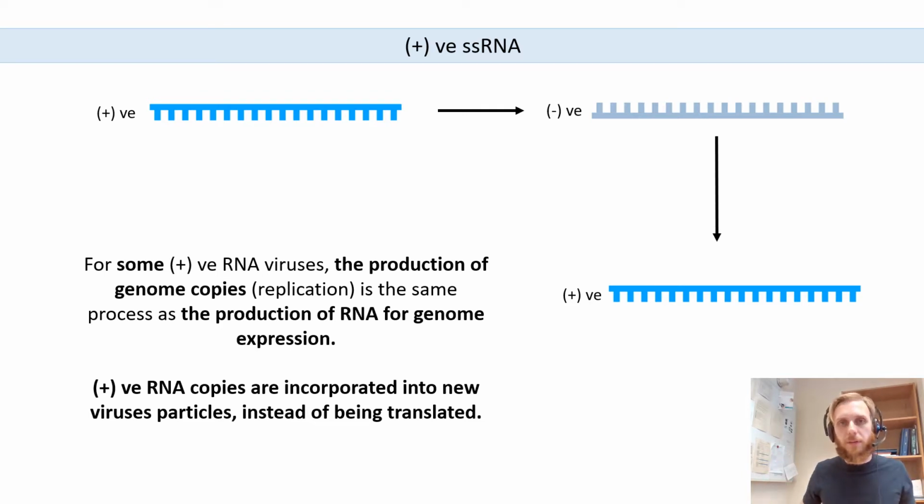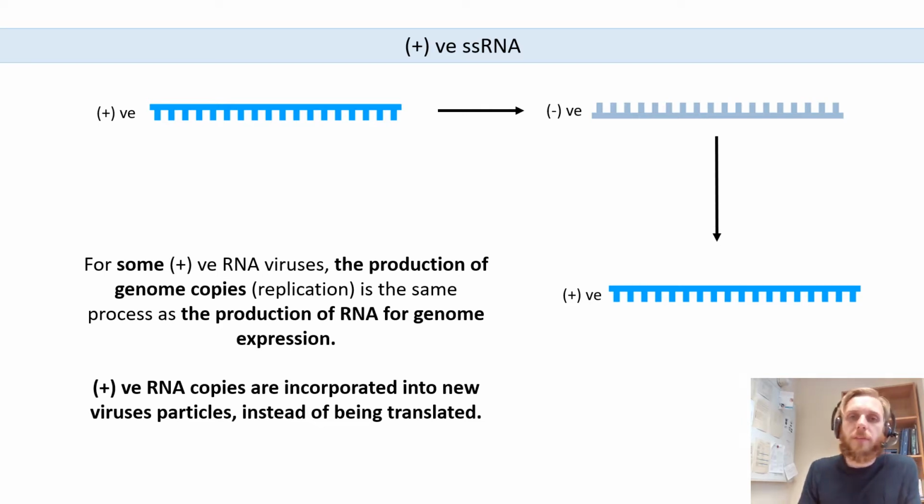Remember, the key principle of genome replication is, if you start off with a genome in one form, you have to end with a copy in the same form. If the cellular genome is double-stranded DNA, which it is, for that genome to be successfully replicated, you need to end with a double-stranded DNA copy. You can't have an RNA copy of a DNA genome, or a single-stranded copy of a double-stranded genome. Otherwise, it's not replication.